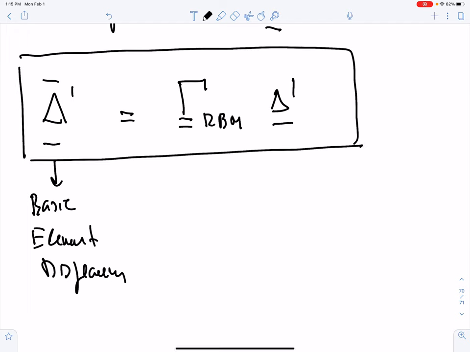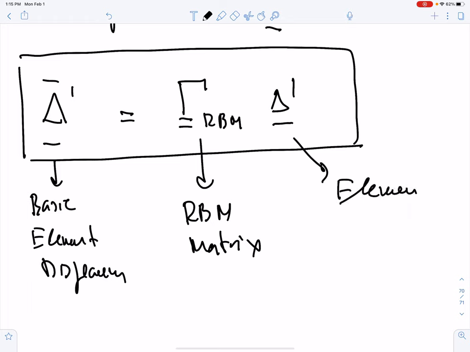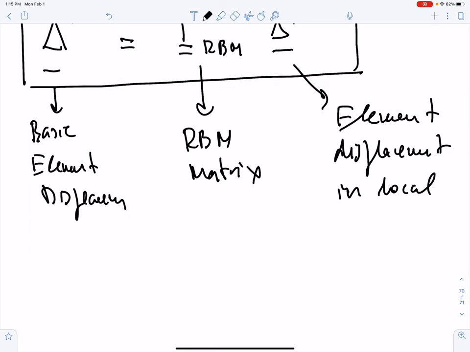Good. This is the rigid body mode matrix. Okay. And this is the element displacement in the local coordinate system.